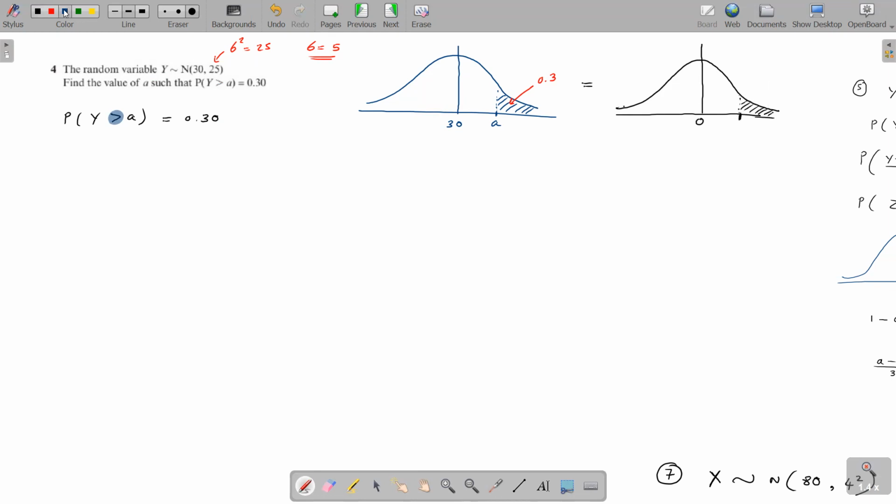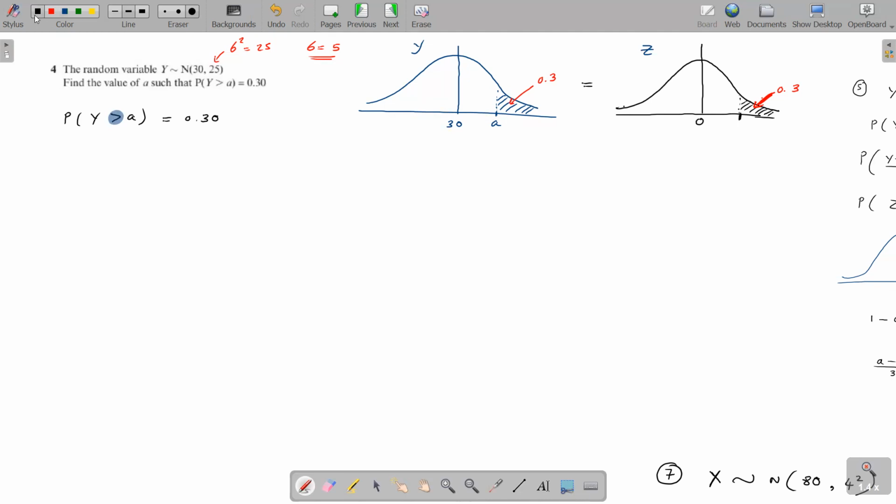Even if you convert it to a standard normal distribution, the area 0.3 will not change. Regardless of the distribution, the area doesn't change, only the values on the axis are changing. This is the Y distribution, this is the Z distribution. Mean 30 became mean 0. Now I have to see what happens to A.